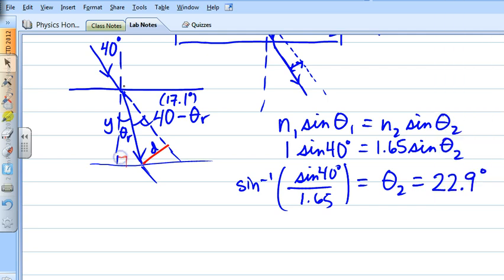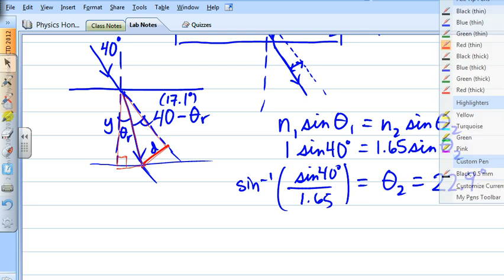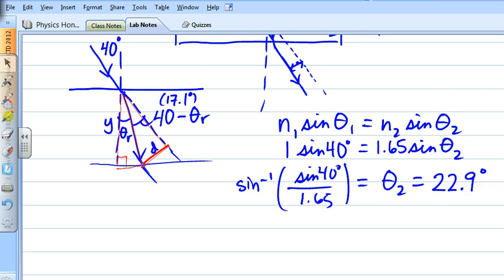We have a right triangle right here that consists of y and the refracted ray. Maybe my highlighter is a better choice. Let's get that turquoise highlighter. I have a right triangle right here, and another right triangle right here.